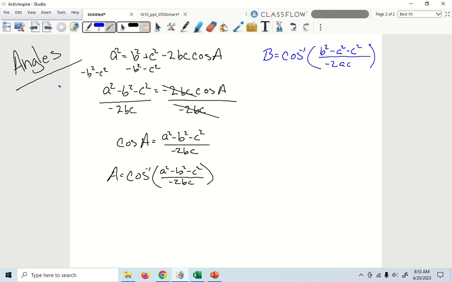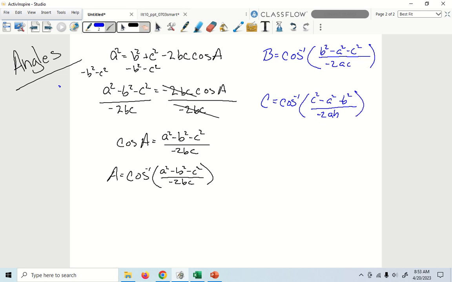There is a pattern to all this. As soon as you guys can figure out how to work the pattern, the math becomes a lot easier. What about C? It's A, B.